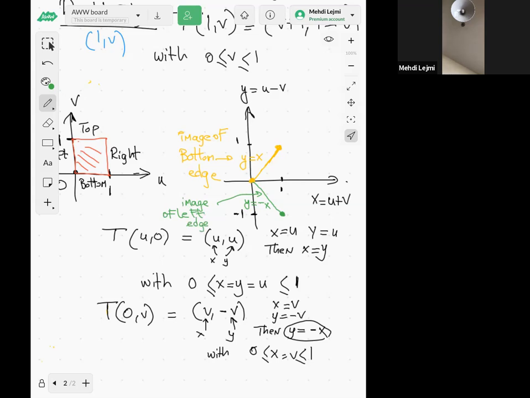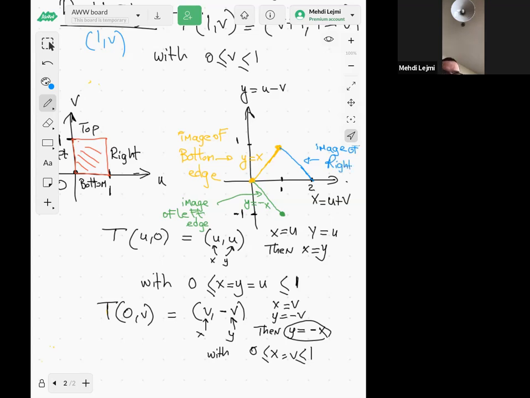Right. Anyway, so I hope you see how it works, guys, right? I'm trying to find the image of the edges. I have the image of the bottom edge, left edge. Now for the right edge, you're gonna have this. So this is 1, 2 here. You're gonna have this side here. All right. This would be the image of actually the right edge. All right.